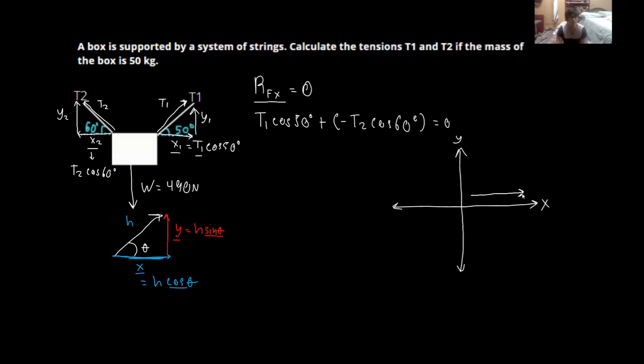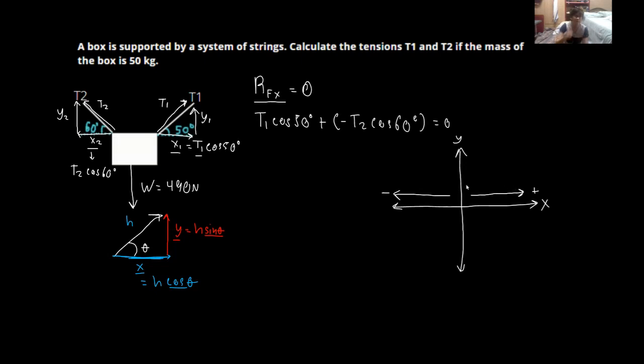Usapang horizontal na direction ito. Kapag nakatutok papuntang right, positive siya, pero kapag nakatutok to the left, negative siya. Kumbaga opposite lang siya ng right direction. If it goes to the right, positive, but if it goes to the left, negative.